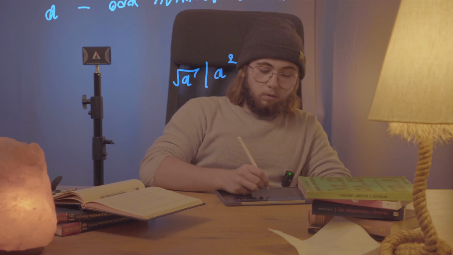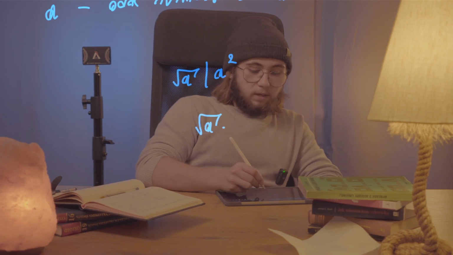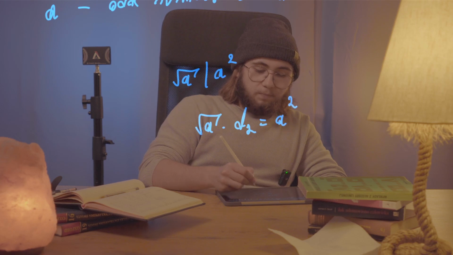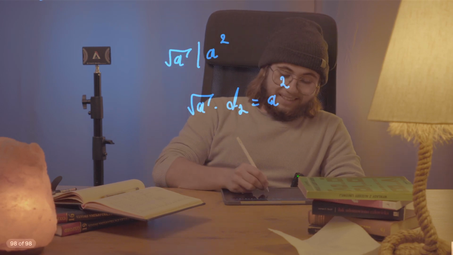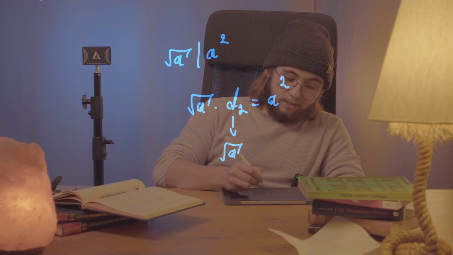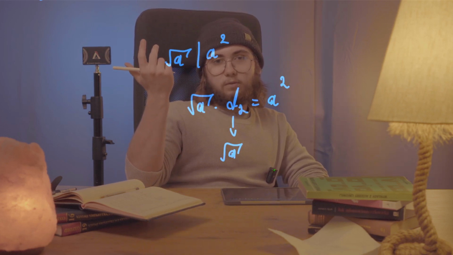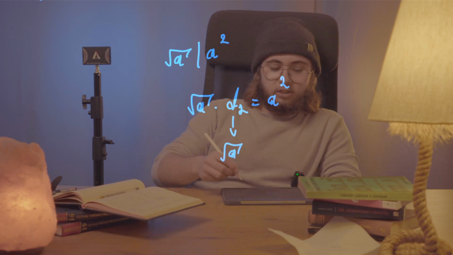However, the only thing that a multiplied by gives a squared is a itself. And we can't just count one divisor as two of them. It doesn't really make any sense.